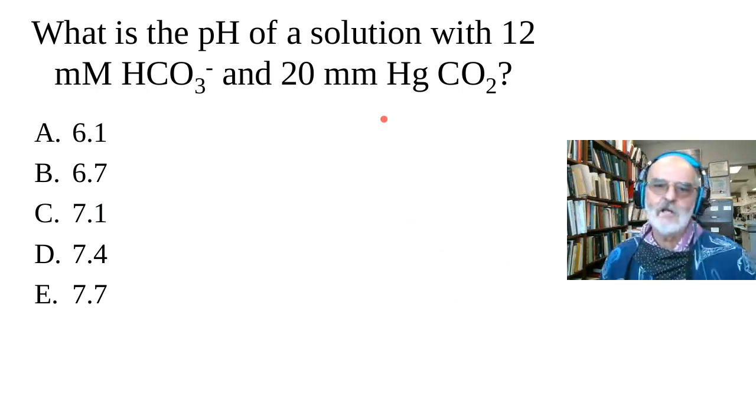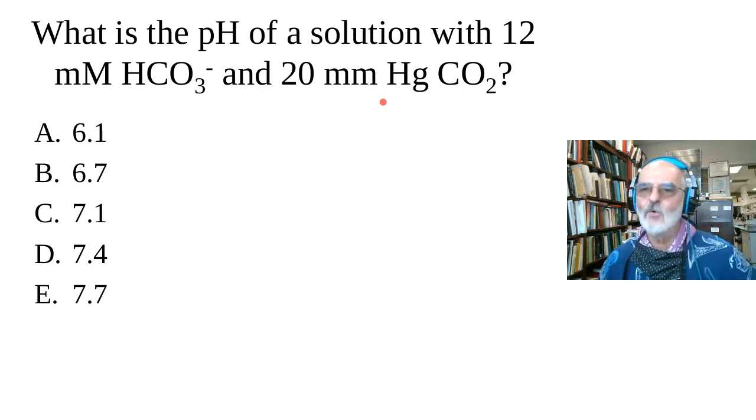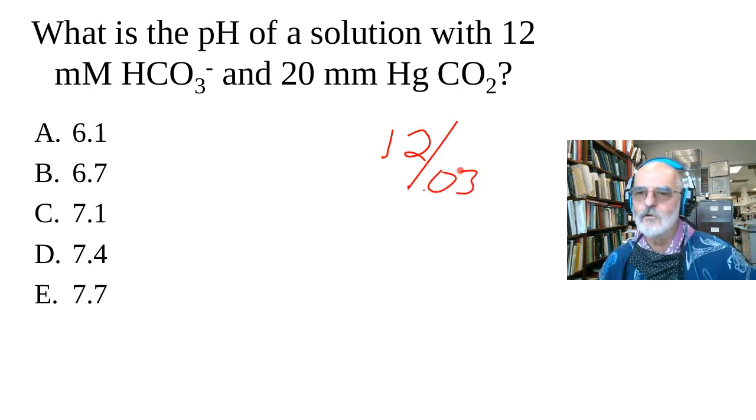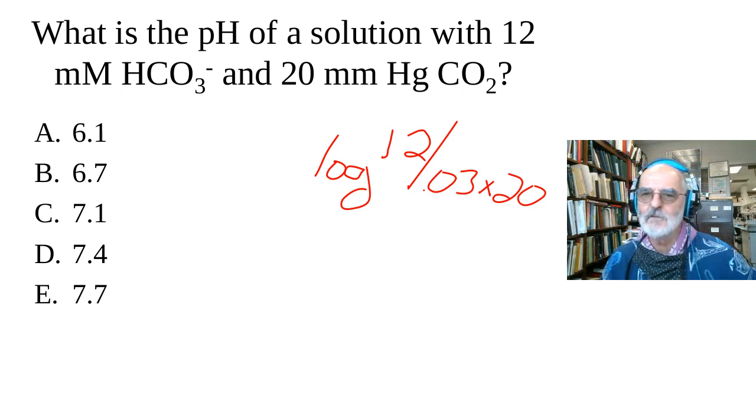Here's another one. If the bicarb is 12 millimolar and the CO2 is 20 millimeters of mercury, this is 12 over 0.03 times 20. This is still the log, but I want you to notice something. You can solve this by inspection. It goes from 24 down to 12. It goes from 40 down to 20.